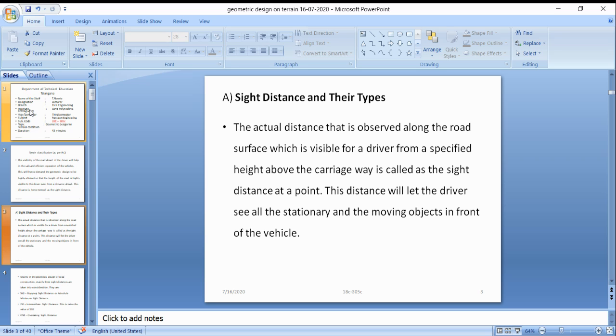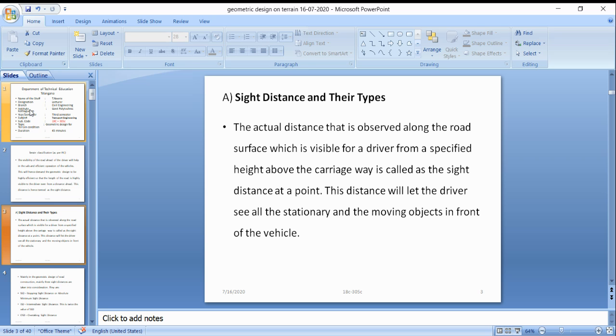So first one is the sight distance, the actual distance that is observed along the road surface, which is visible for a driver from a specified height above the carriageway. So from the road, he should be able to observe the road surface, and also some specified height should be there.